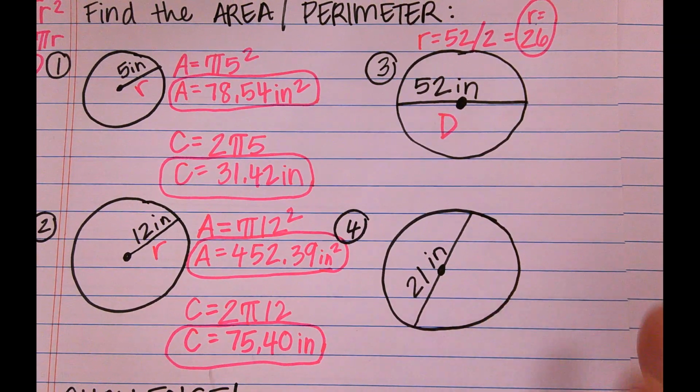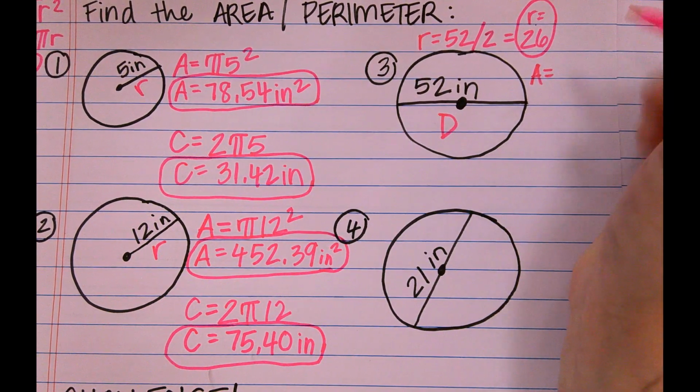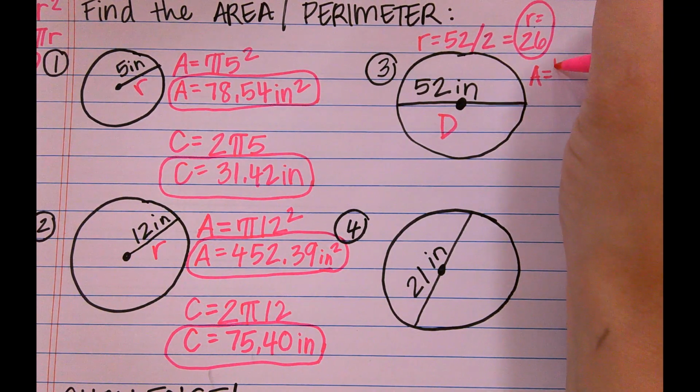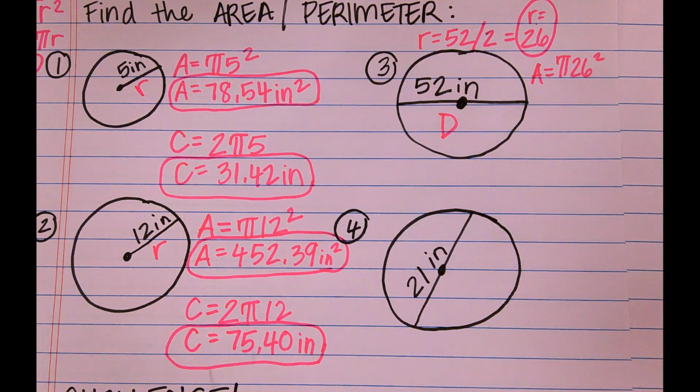And now we can find our area. So what will I type to find it? Pi times 26 squared.